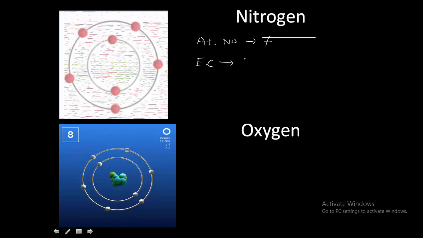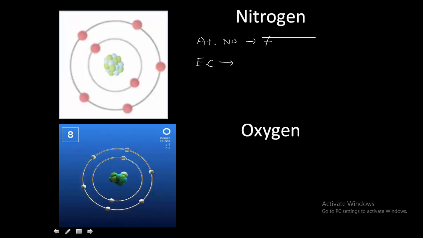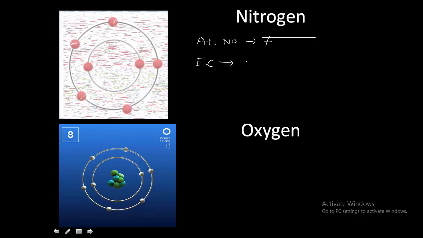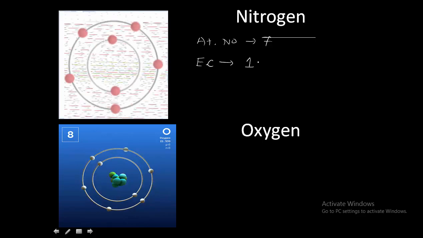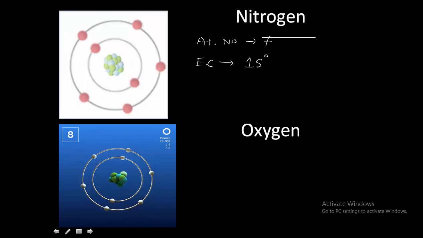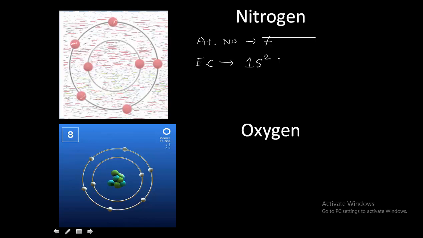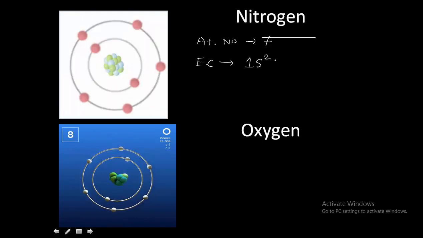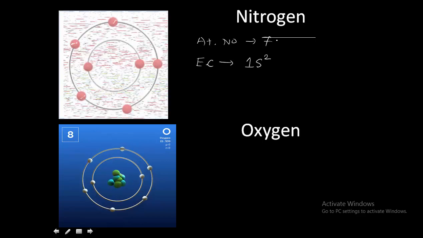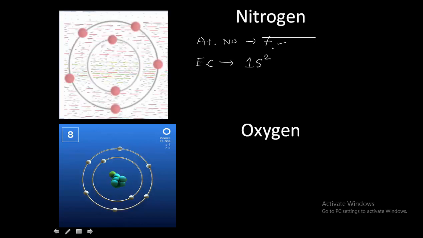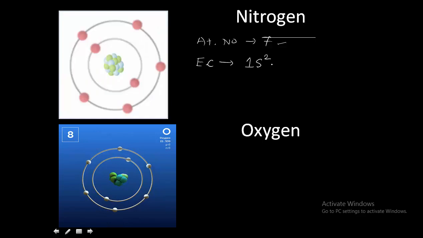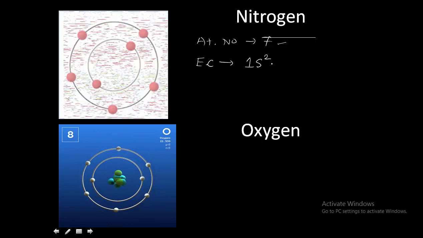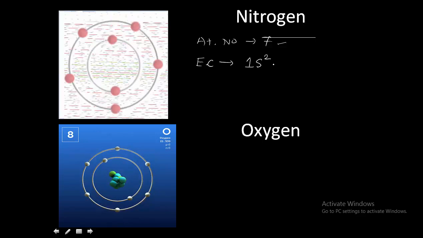Here again, in the first shell, in the S subshell, 2 electrons will be present. After that, the electrons will go to the second shell. Here totally 7 electrons are there, so we have to fill all the 7 electrons in nitrogen.